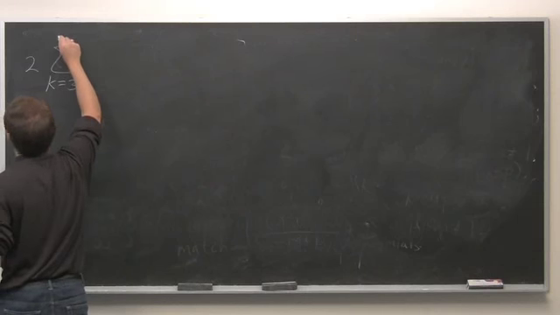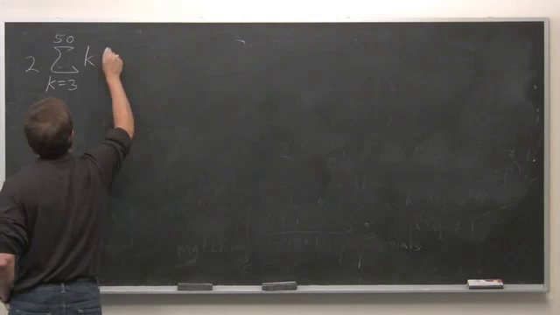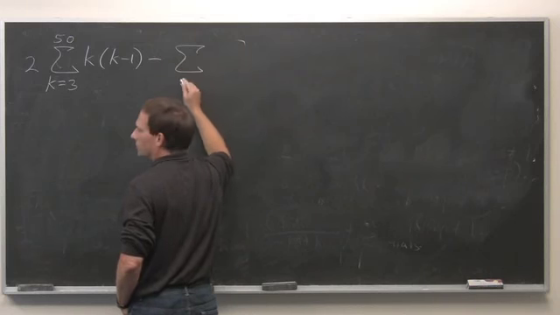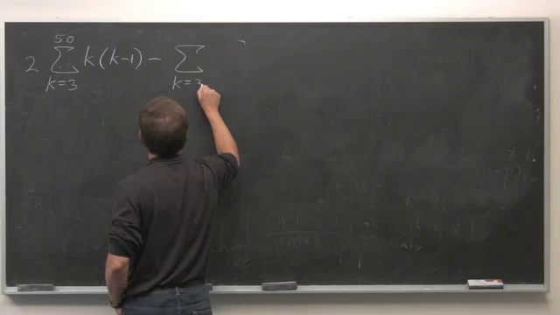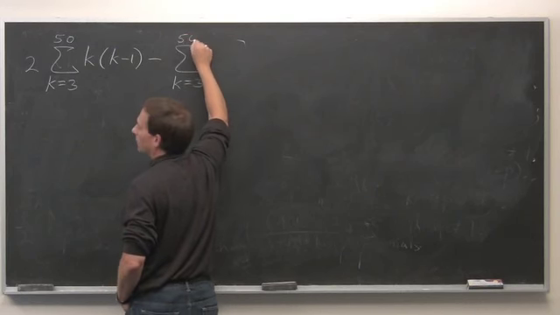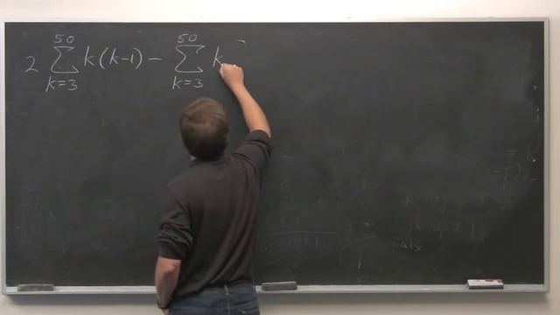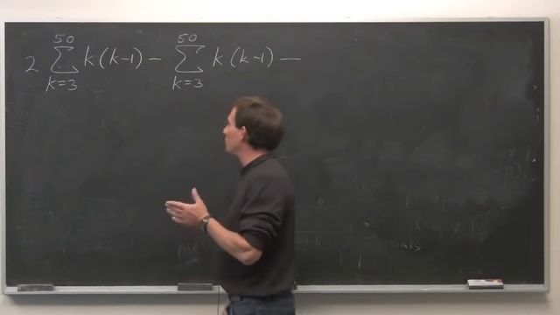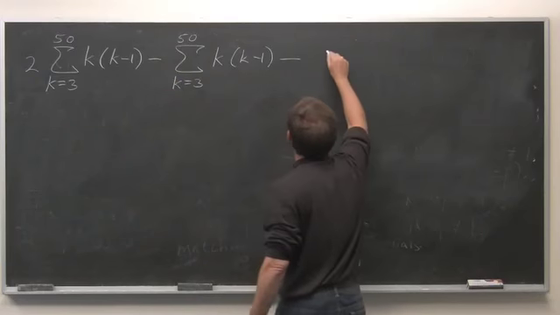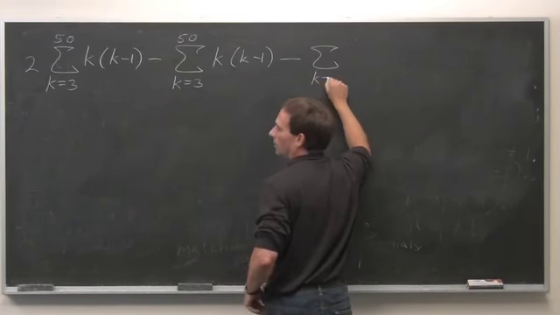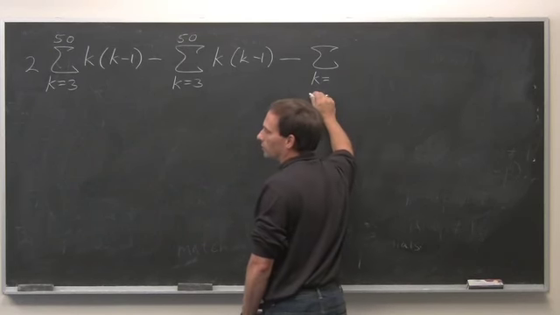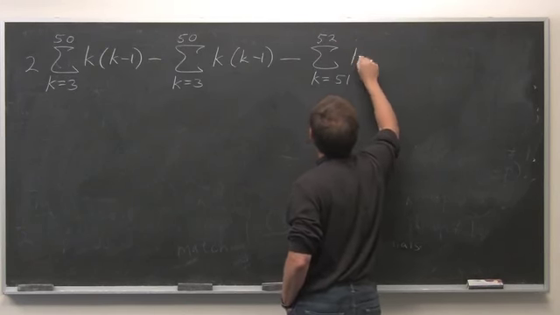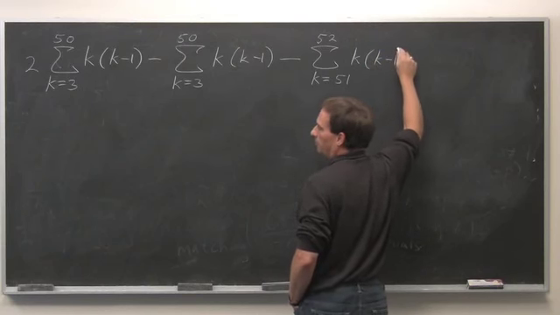The sum is k goes from 3 to 50 of k times k minus 1. And then we have minus, but now I'm going to split the summation that we had. I'm going to go k equals 3 to 50 of, and I'm going to write the terms in the same order that I have them there. But that summation before split, but it was subtracted, so I still have to pick up the part that I'm leaving off, which was the part from at 51 and 52. So I still have to subtract this part.